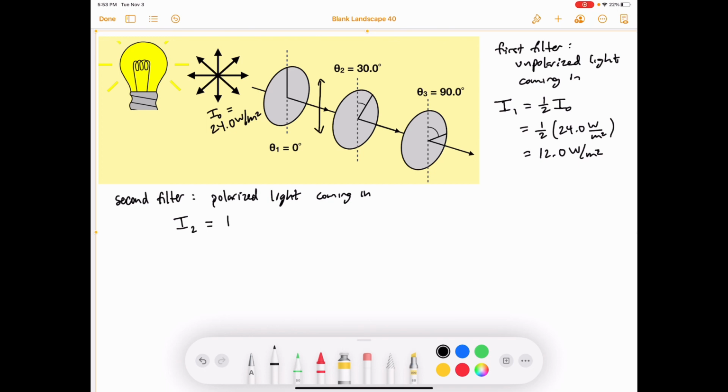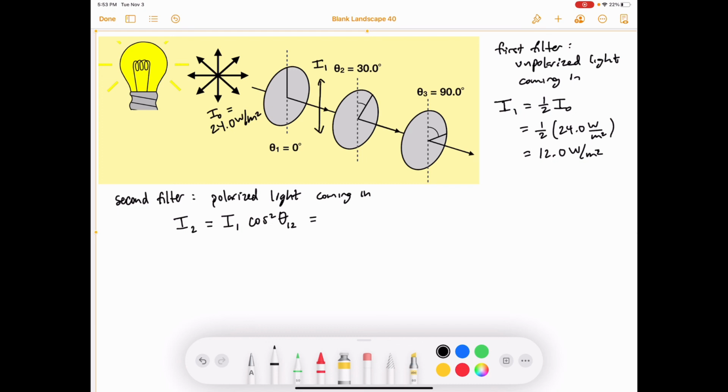So that would be the incident intensity, I1, the intensity of this wave right here, times cosine squared of theta, where in particular, theta is the angle between the axis of filter number 1 and the axis of filter number 2. So that's going to be the 30-degree angle that we see in the diagram.